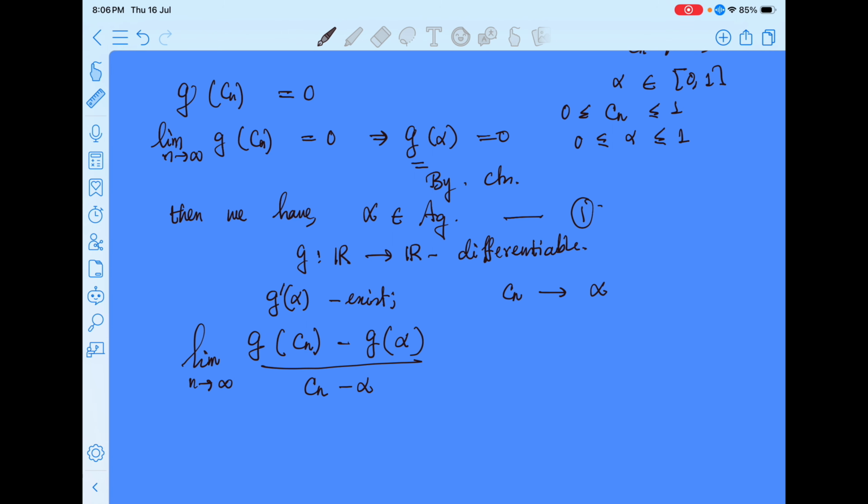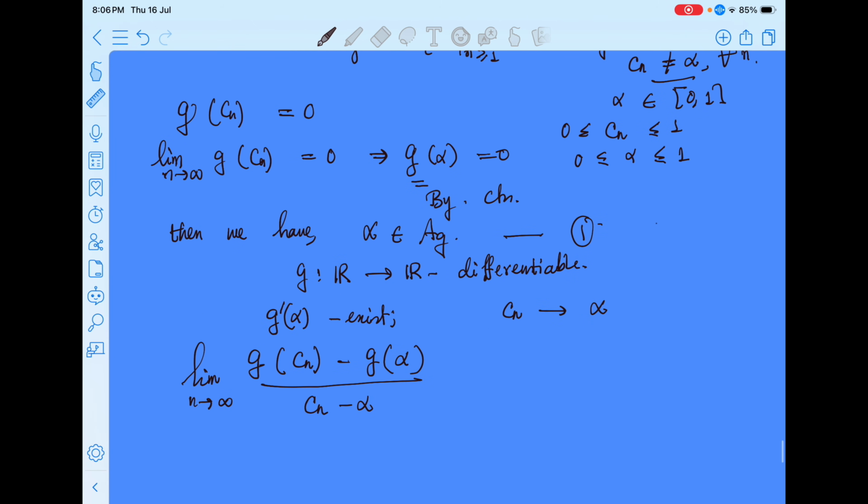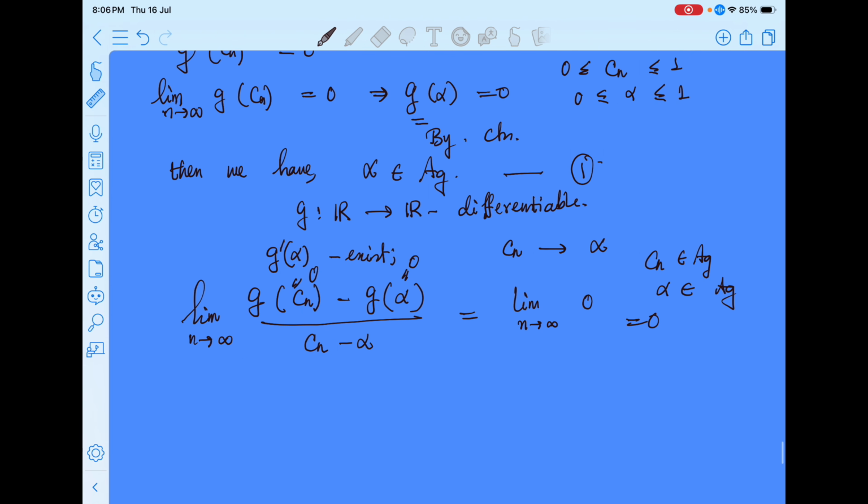Since we assume that Cn is not equal to alpha, this fraction is well defined, but note that Cn are inside AG, and we showed earlier that alpha is inside AG. That means the numerator is 0 and this is the limit of 0. So g prime of alpha is also 0. That will imply alpha is inside BG.